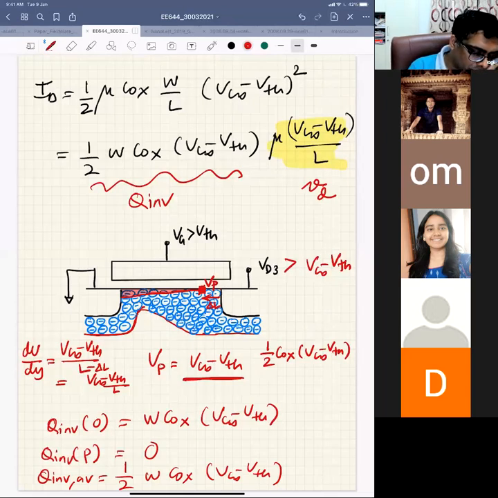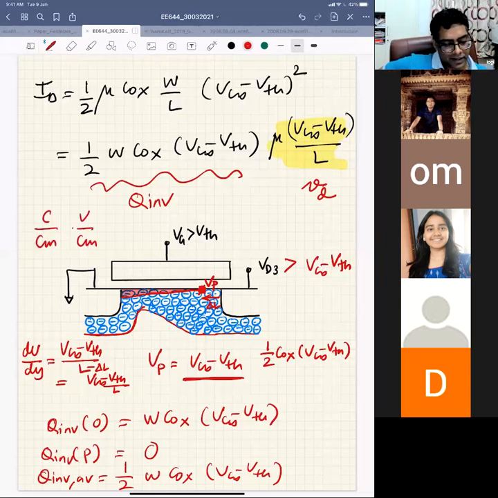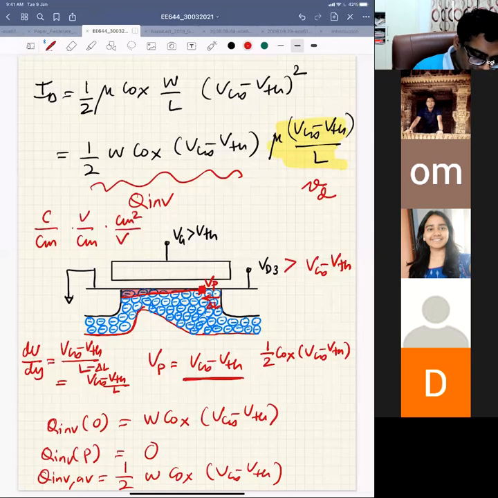So if you see, this becomes coulombs per centimeter, and this becomes volt per centimeter. Mobility is centimeter square per volt second.